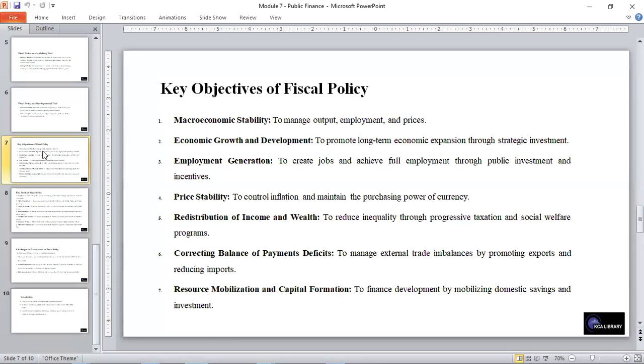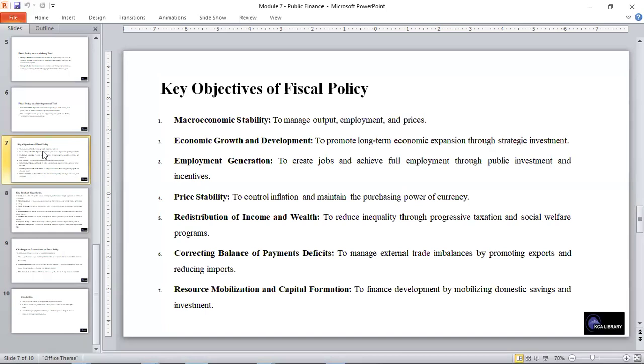generation, price stability, redistribution of income and wealth, correcting balance of payment deficits, and lastly, resource mobilization and capital formation. For macroeconomic stability, fiscal policy serves to manage output, employment, and prices.